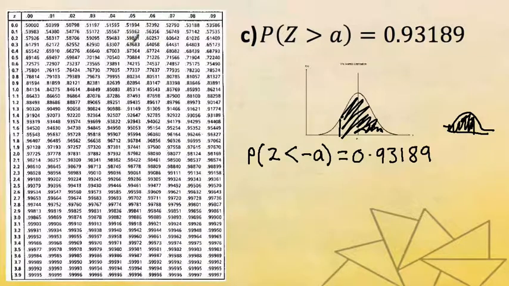So I'm looking for the probability 0.93189. So have a look, here's the 0.93s, there you go, there's 0.93189. Reading straight across, you have 1.4, it's in the final column, so it's 1.49. So probability of Z less than 1.49 equals 0.93189.